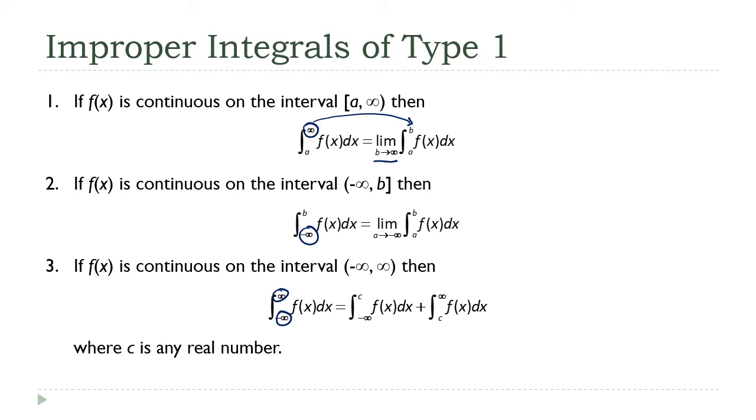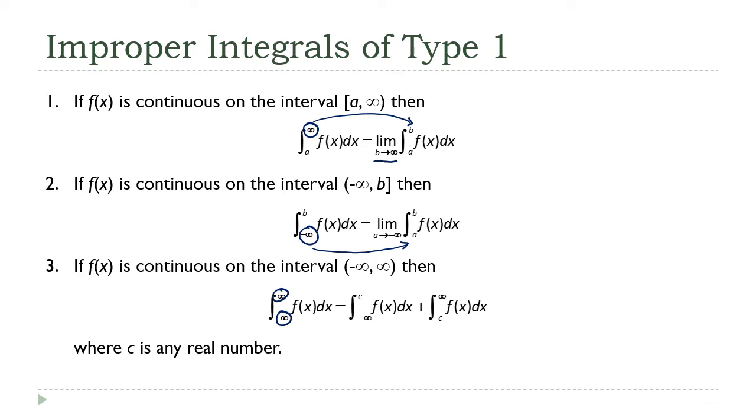If it's positive infinity, we'll replace the upper limit with that new variable. If it's negative infinity, the lower limit gets replaced with the variable in the limit. And if we're doing both, if the upper and lower bounds are positive infinity and negative infinity respectively, then all we're going to do is split the integral into two parts at some point in the middle.